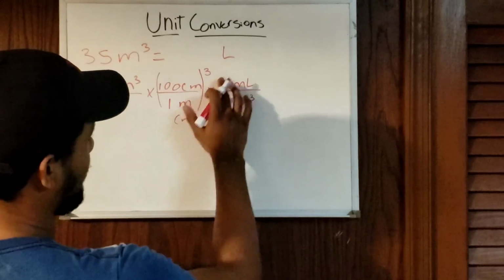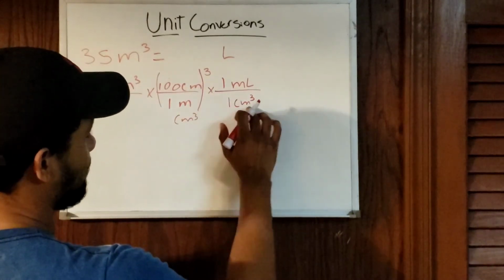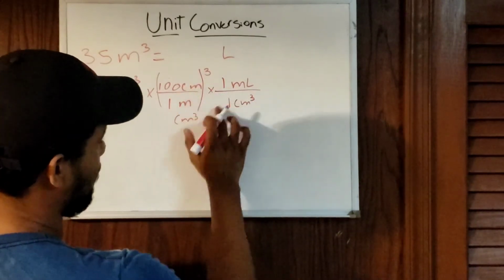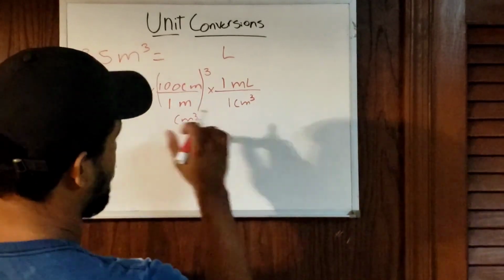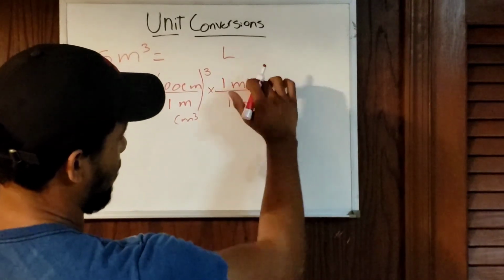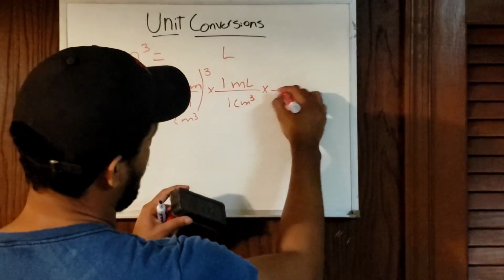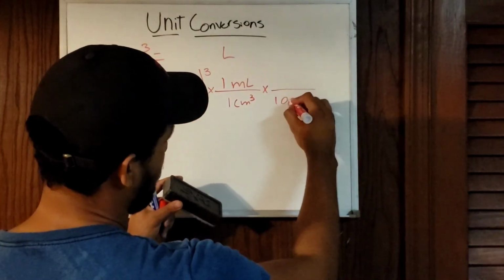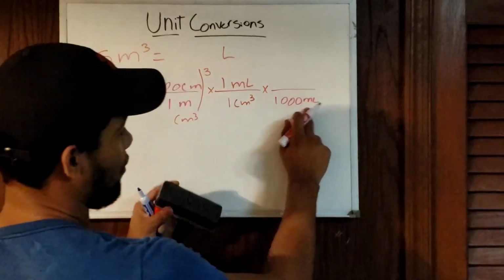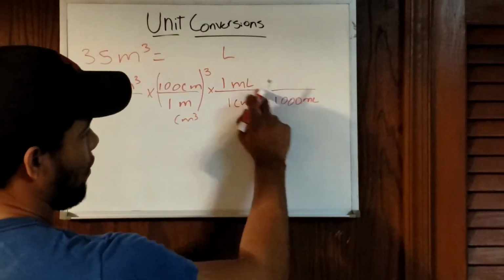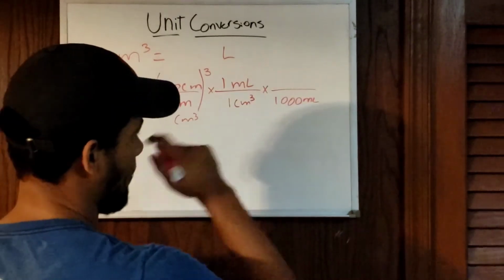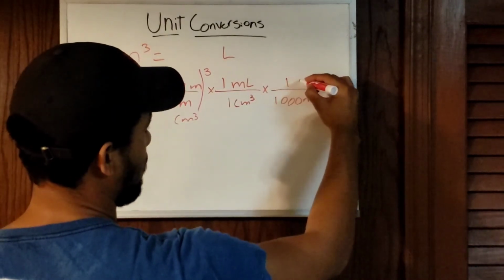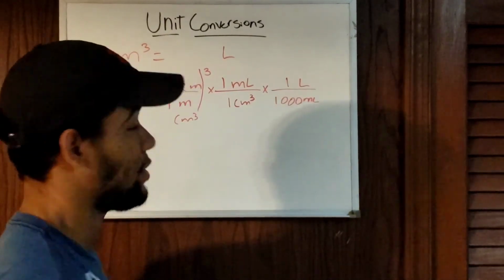So that's how you translate it. Then you can do this because, again, you are now in centimeters cubed, right? And centimeters cubed translates to 1 milliliter. And then for milliliters, we know that 1,000 milliliters, again putting your unit that you want to convert from on the bottom so that they cancel out, equals 1 liter, like so.